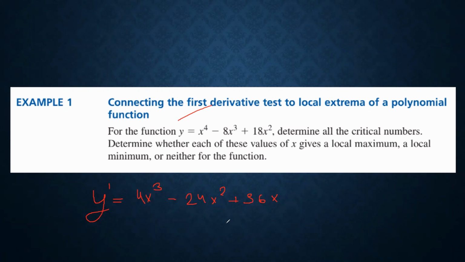Am I right? Yeah. And next, we can simplify it even further, because this looks to me like a perfect square, doesn't it? Yeah, it is. So it's going to be 4x times (x subtract 3) squared.